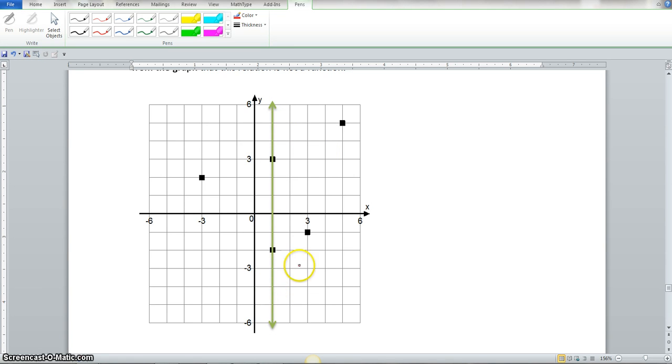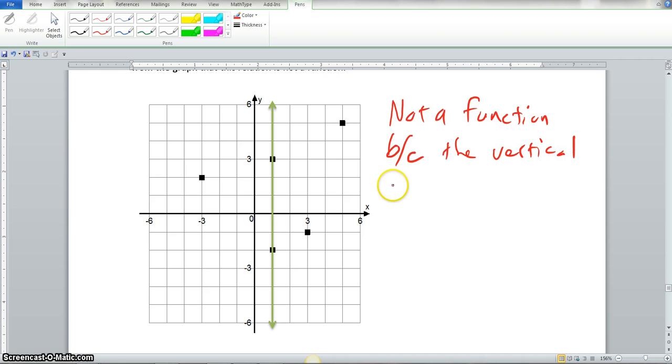So automatically, you should know that this is not a function, because the vertical line hits 2 points at the same x value.